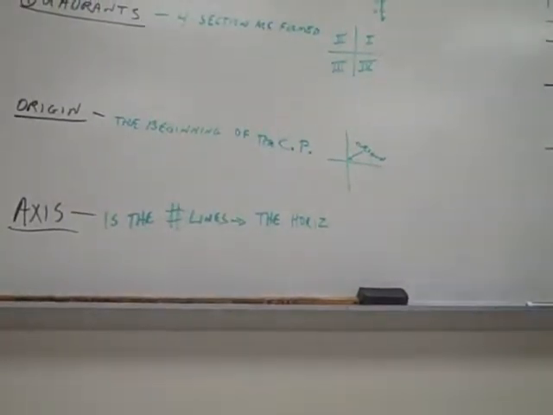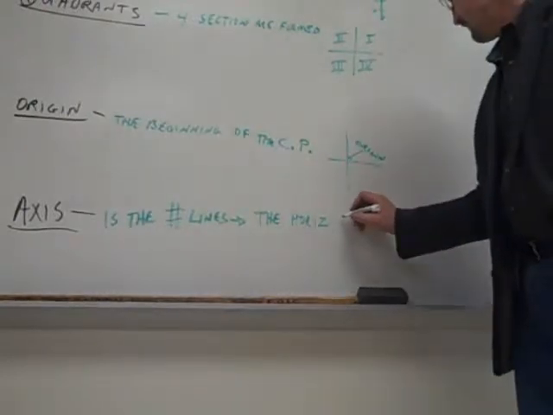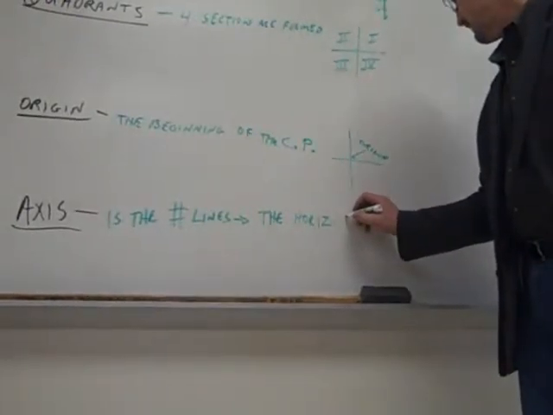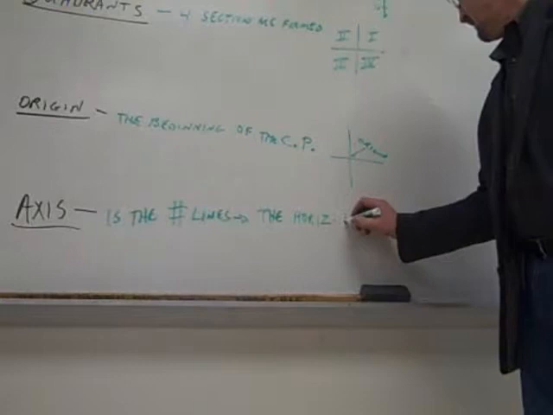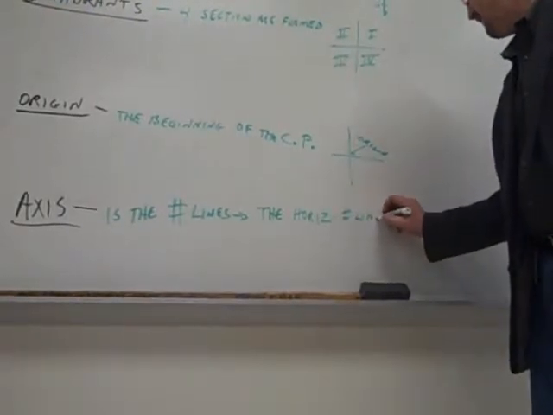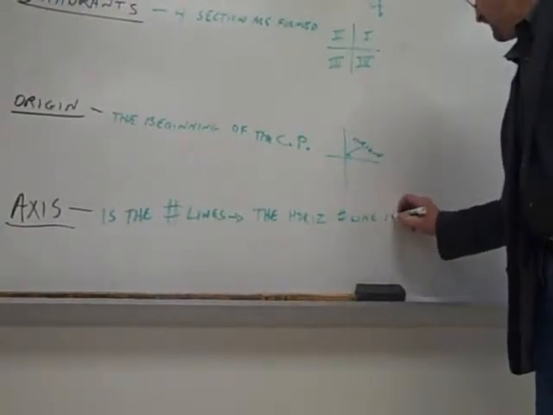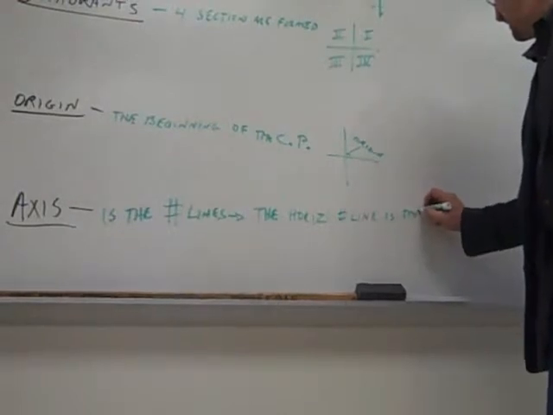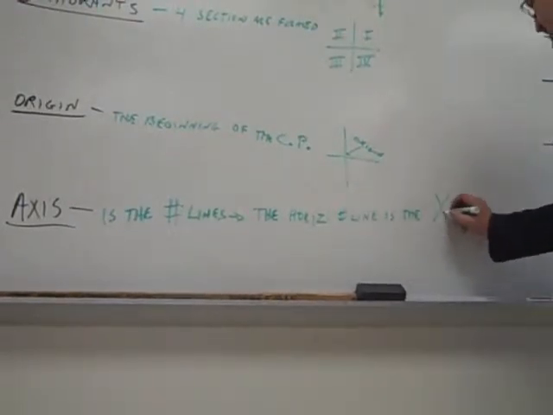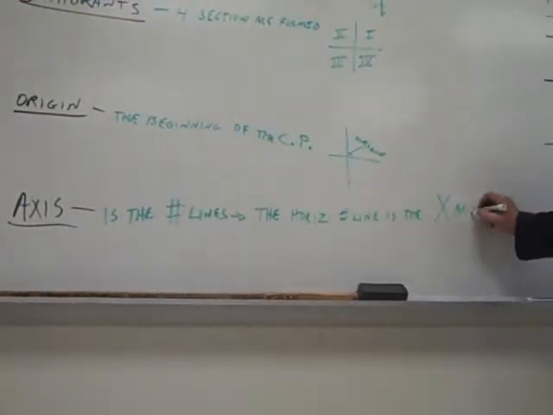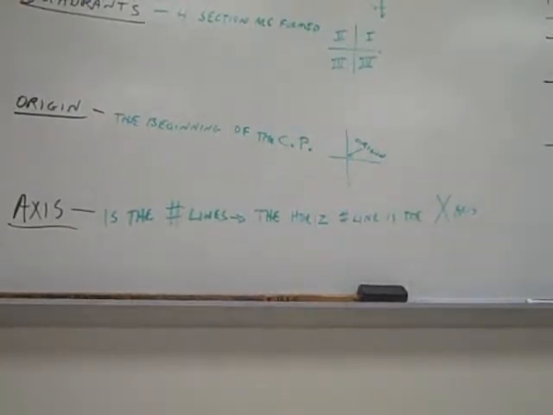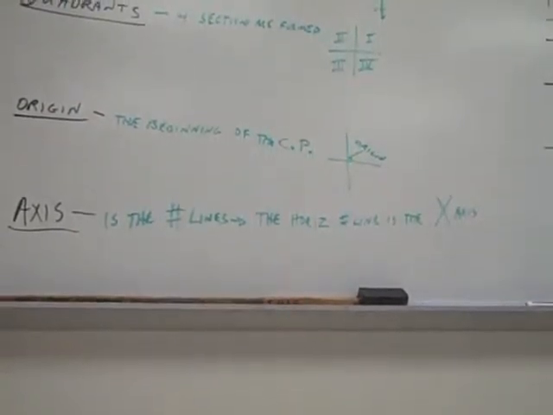The horizontal number line is the x-axis.